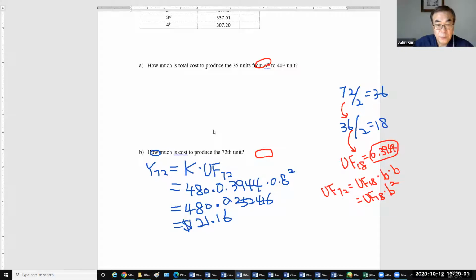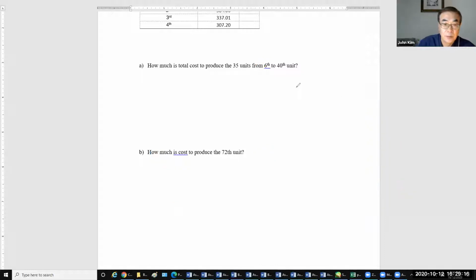And if you want to use the logarithmic learning curve formula, then you can calculate this.